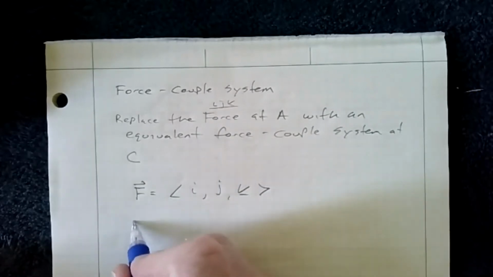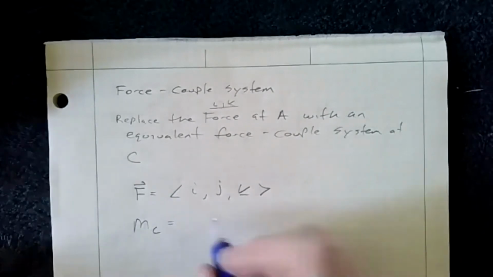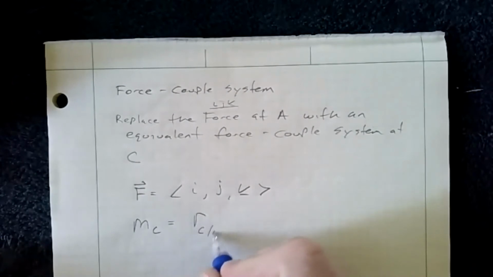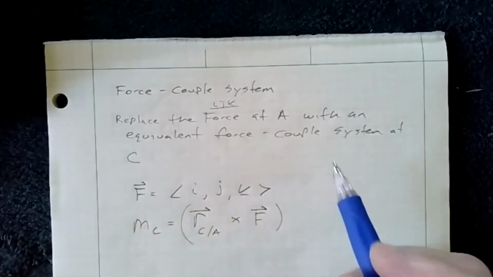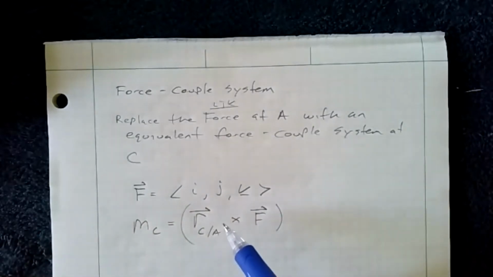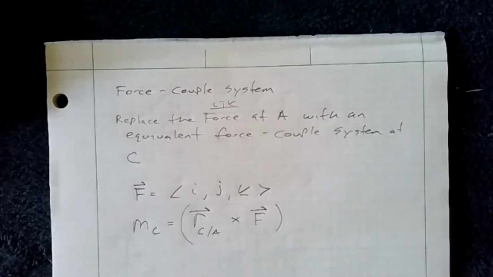Then the next thing is just going to be the moment at C, and that's going to be equal to R C relative to A crossed with the force. So remember that your vector is going to go from wherever the location is to the old location. For example, in the previous example the force was at A, originally, correct?